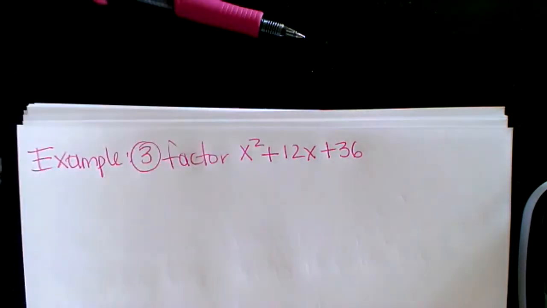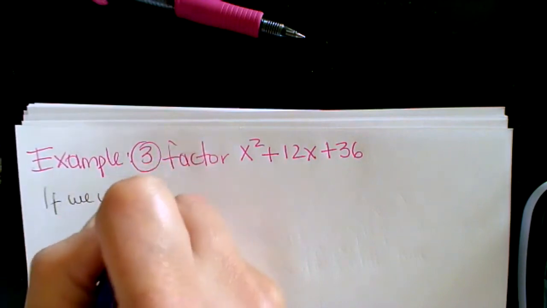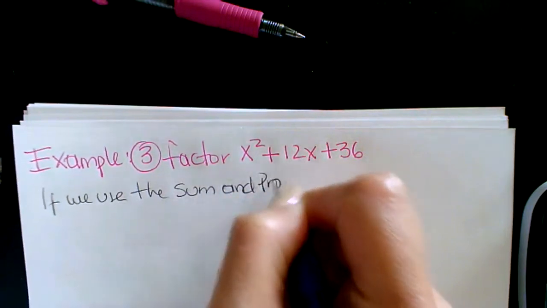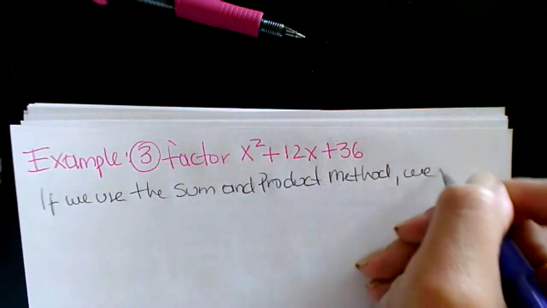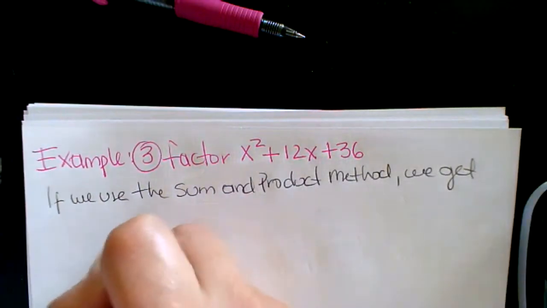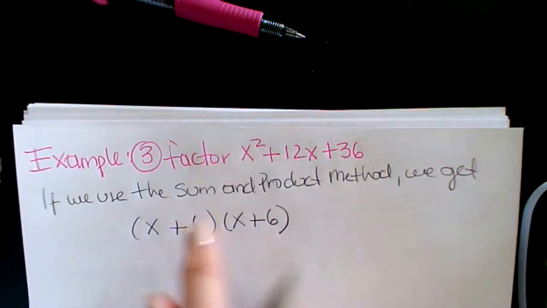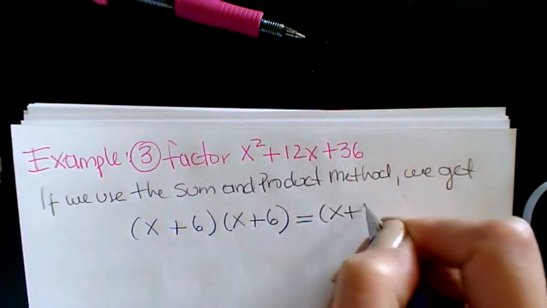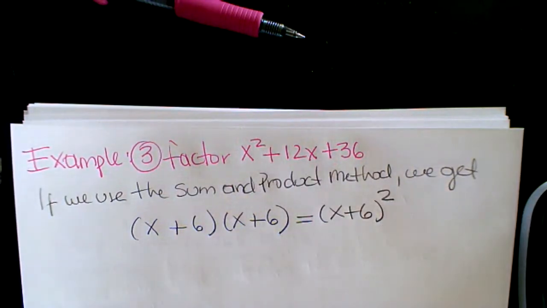If we use the sum and the product method that we just learned, we get what? x plus 6 and x plus 6. Two numbers that when you multiply, you get 36, and when you add them, you get 12. And this is equal to x plus 6 squared, because I have two of those. This is a perfect square trinomial.